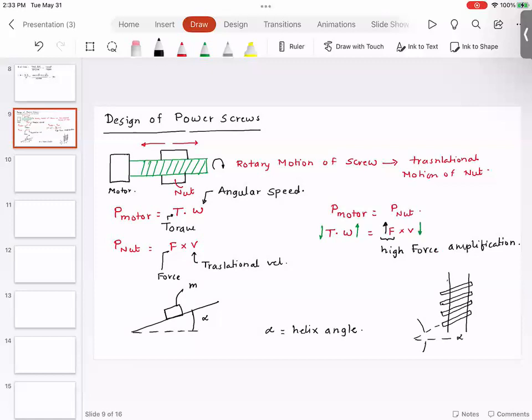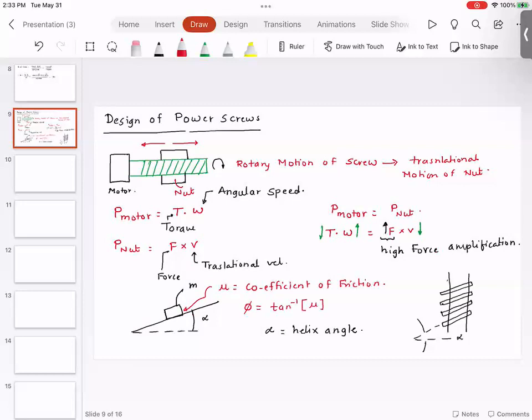Now, the other important aspect is the friction between the block and the slide. So mu is the coefficient of friction. And there is a concept called the friction angle phi, which is tan inverse of mu.